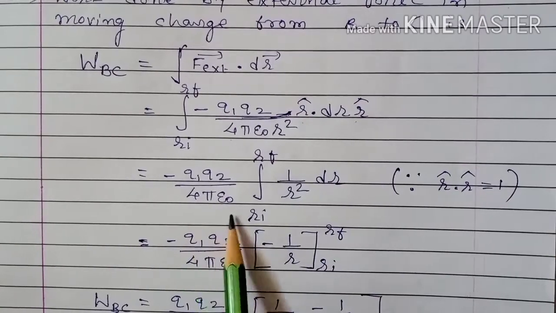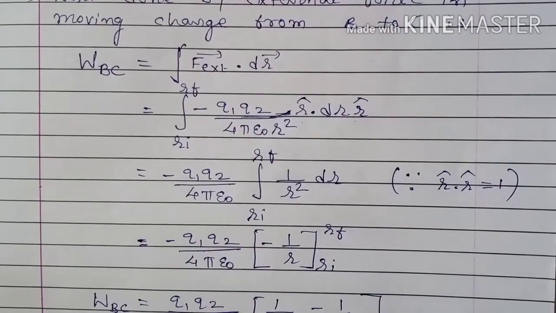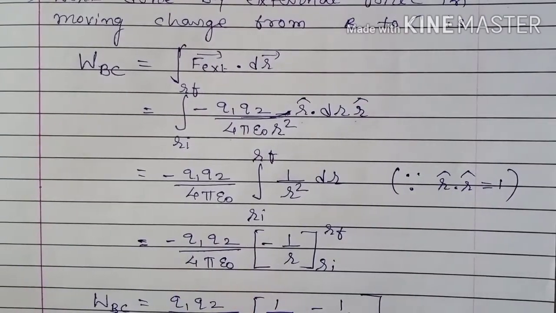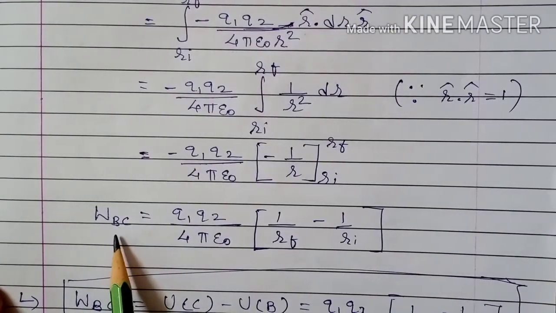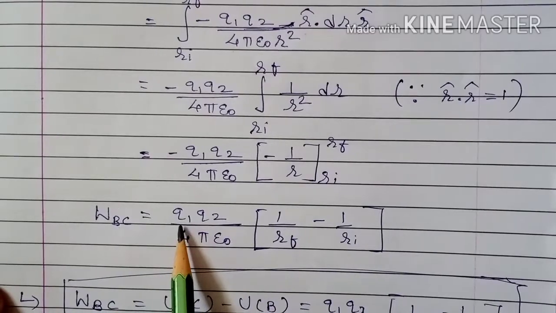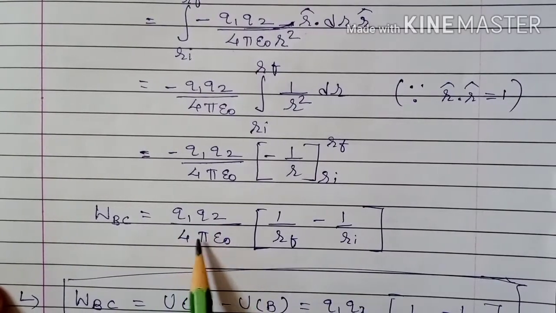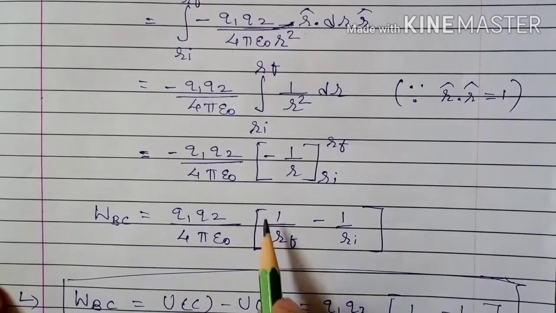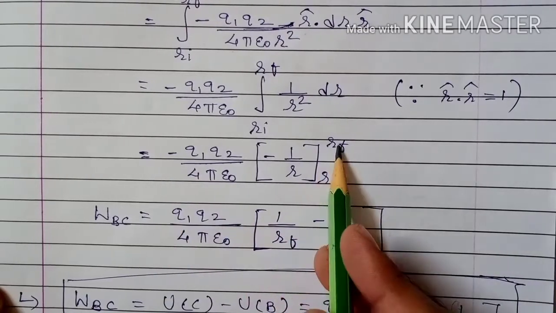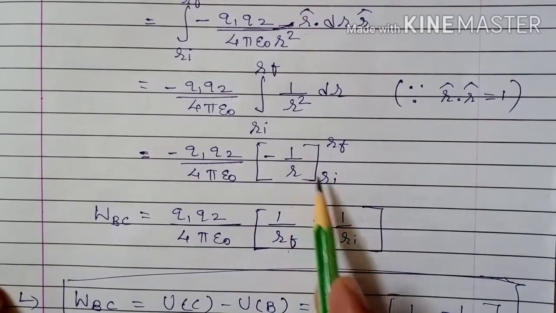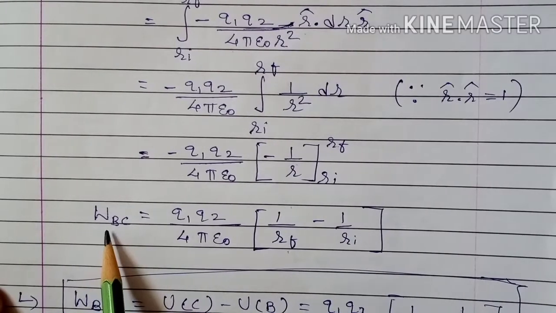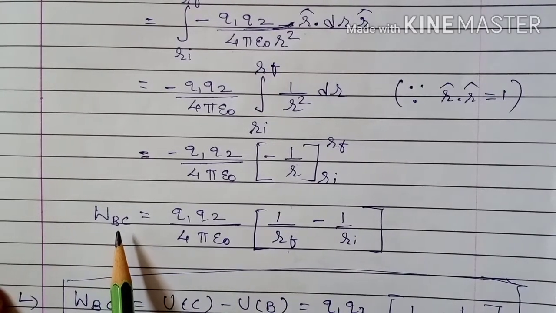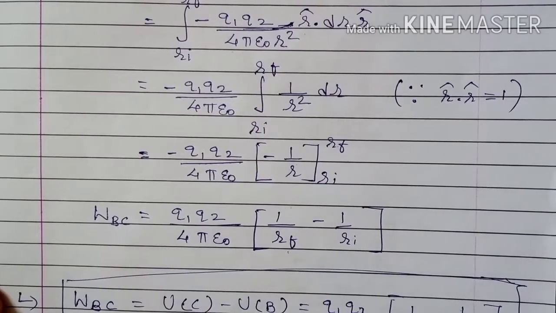Minus Q1 Q2 upon 4 pi epsilon naught as it is. Minus minus plus. So it can be written as work done in moving Q2 from B to C is equal to Q1 Q2 upon 4 pi epsilon naught, first limit 1 upon Rf minus 1 upon Ri. This is the formula of work done in moving charge Q2 from B to C.